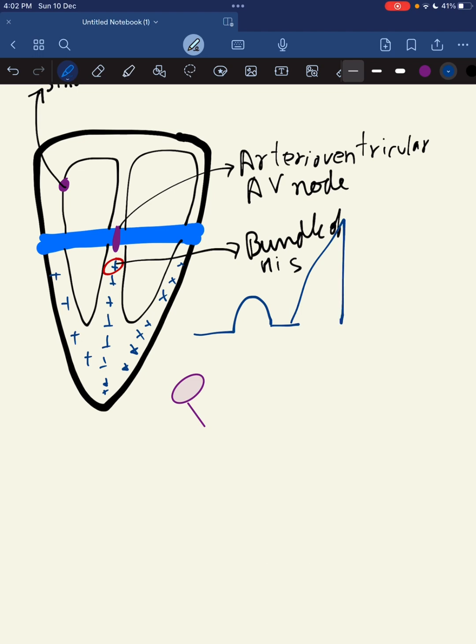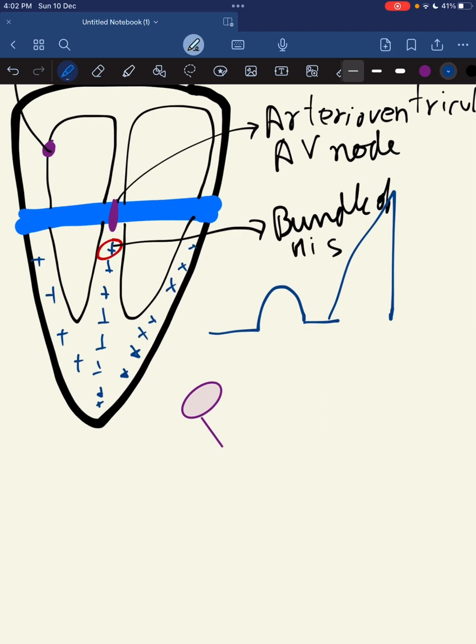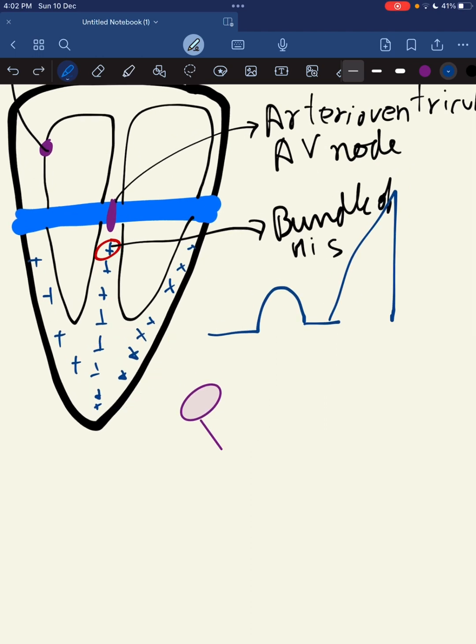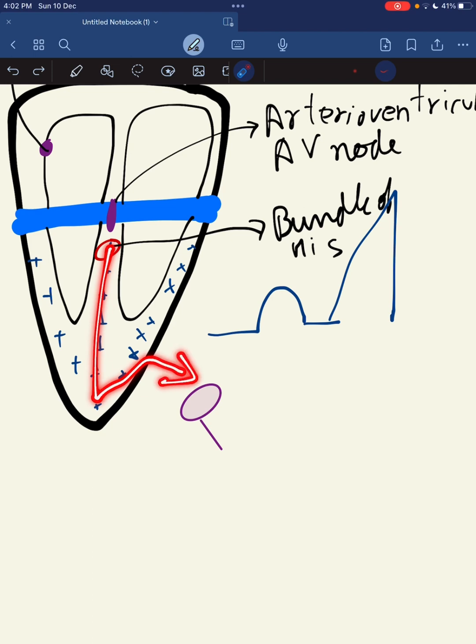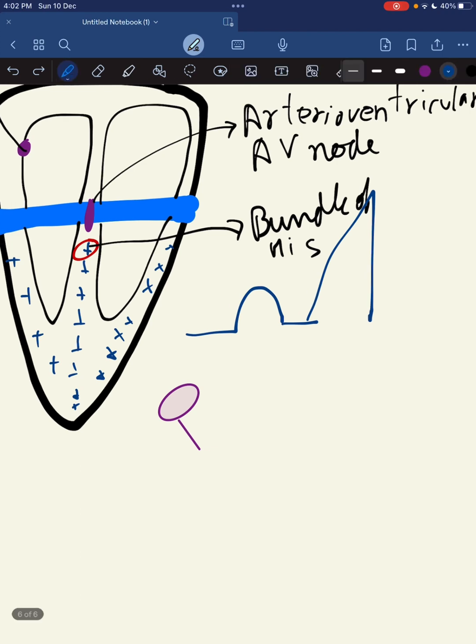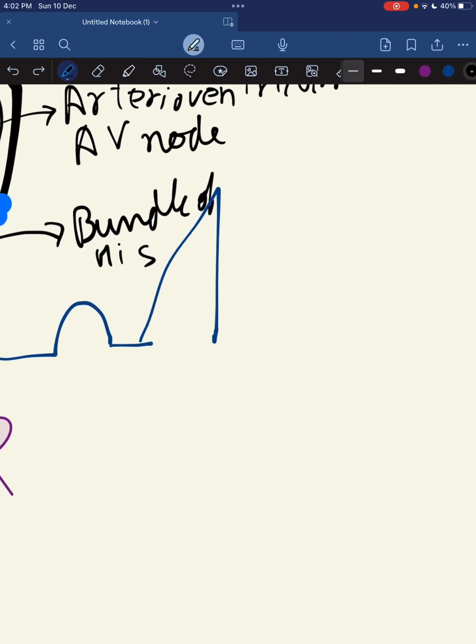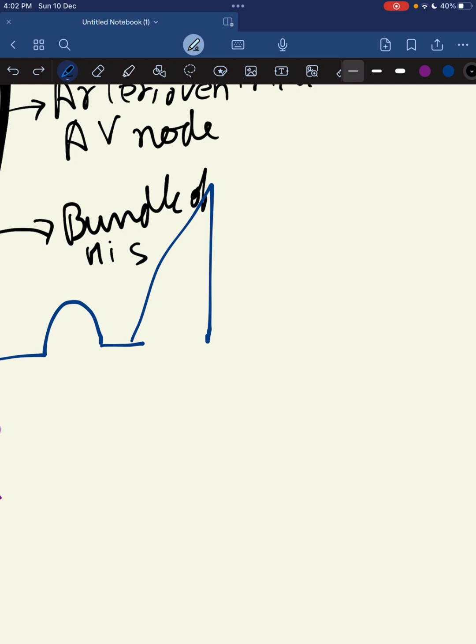Then after some time it goes away from the lead, so we get a dip down, and we get a line like this.